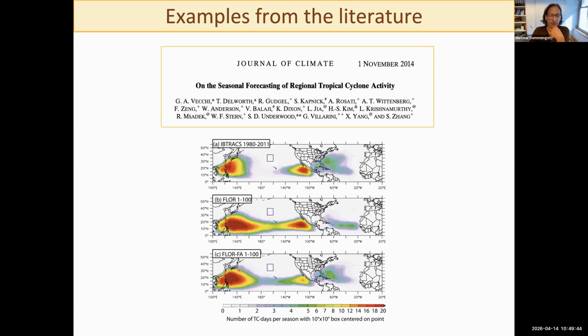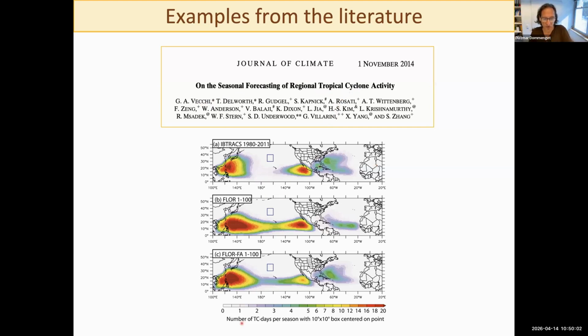Okay, so some examples from the literature. I focus on a few things that are more recent, but I think there are many examples. This one here is from the GFDL group, Vecchi et al., and it is about tropical cyclones. They used a coupled model for seasonal prediction of tropical cyclones, and they noticed that their model is not really good in many of the statistics.